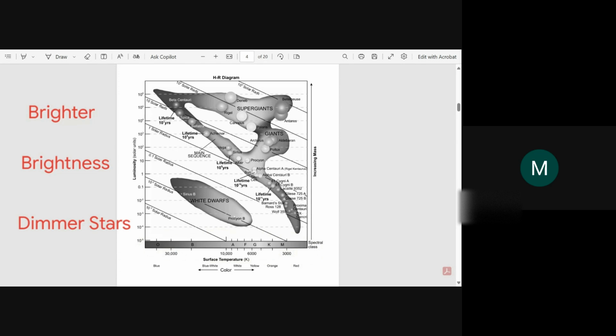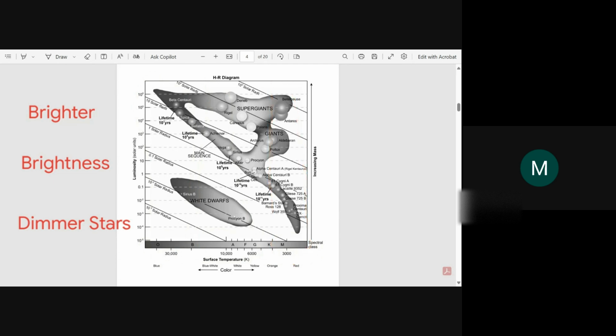So essentially, you're going to have warmer stars on the left-hand side of the chart. Then as you get towards the middle, the temperatures are relatively moderate, going from 10,000 degrees Kelvin to 6,000 degrees Kelvin. Then when we get to this end right here, the star temperatures are cooler.